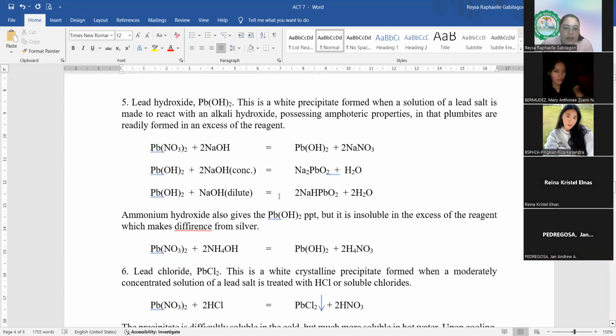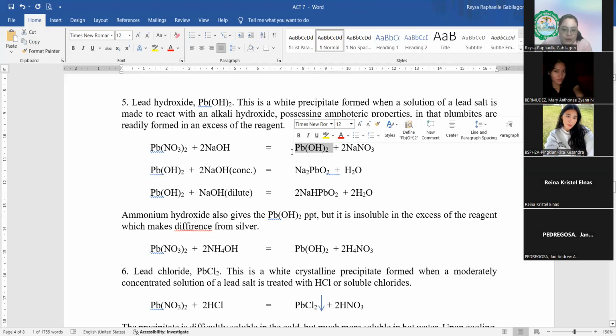And then another compound for lead is the lead hydroxide, which is color white. So, andito din yung sagot sa experiment natin. Kasi diba the lead nitrate, pinareact natin sa sodium hydroxide, di ba? 2-4. So, ito yon, the lead hydroxide will be formed and it's a white precipitate.